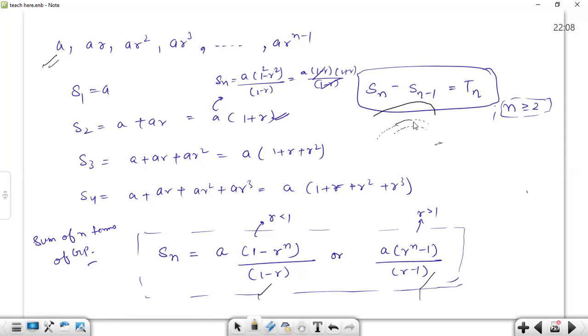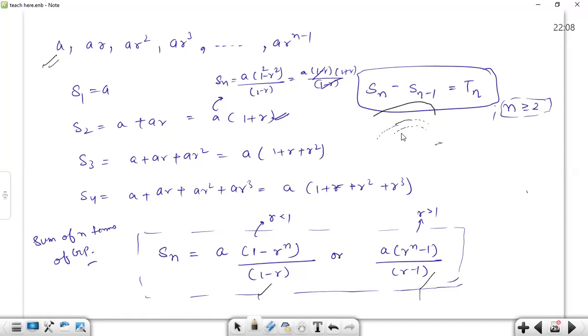So GP is a sequence of numbers whose first term is non-zero. It should be non-zero so that other terms can be different. Each of the succeeding terms is equal to the preceding term multiplied by the same constant, and that same constant is the common ratio.